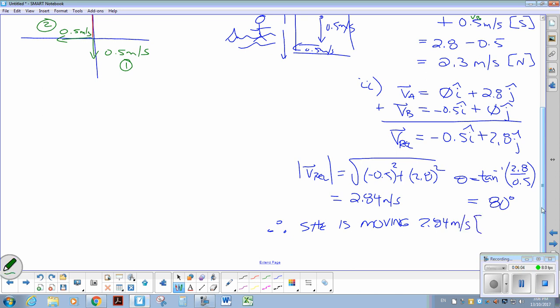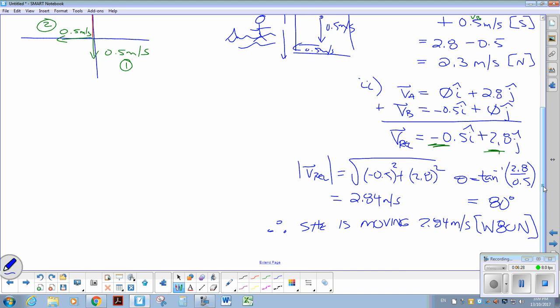Going back to my equation, it's negative, so it looks like she's heading west, 80 degrees, that's a positive, so north. So from the water, if I couldn't see the boat, so if I was holding my hand up blocking what I see, I can just see her head, for example, it would look like she's moving at 2.84 meters per second west, 80 degrees north.